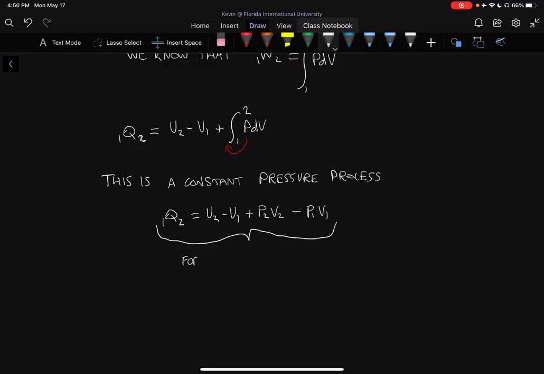For this specific case, the heat transfer is given by U plus PV. And this U plus PV is what we call enthalpy.